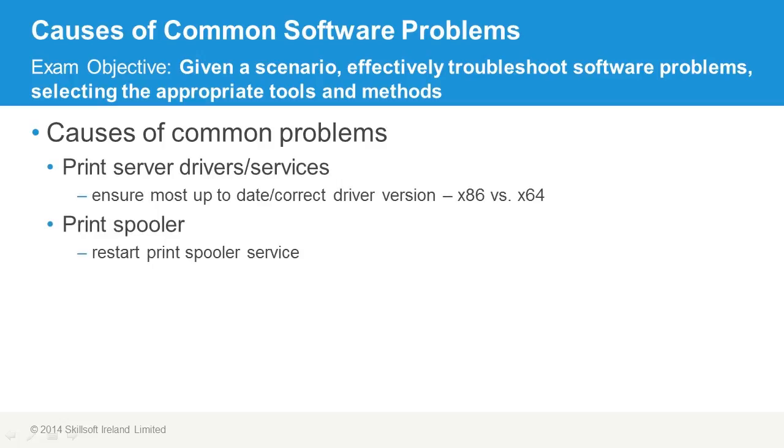Print server drivers and services. Again, always make sure that all of your drivers are the most up-to-date and, of course, the correct version. And do take note of this. This is pretty important here. 32-bit versus 64-bit is what this is. The x86 platform is 32-bit. And then, of course, this is the 64-bit platform.